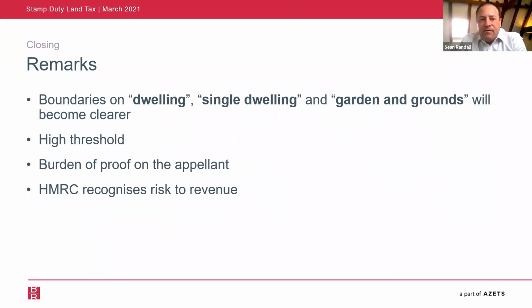But there is a very high threshold that's been established in all the cases so far, and quite rightly, and I imagine that's going to continue to be the case. Also, unarguably, the burden of proof is on the appellant.